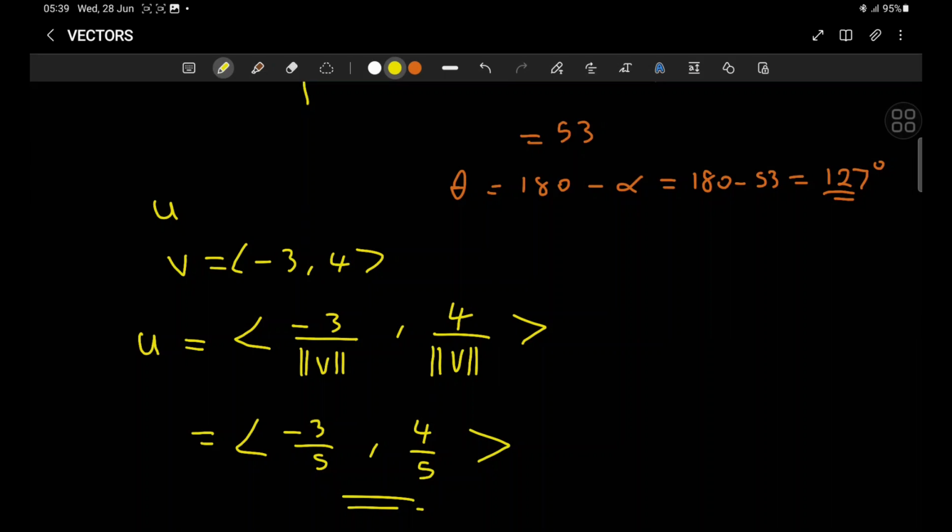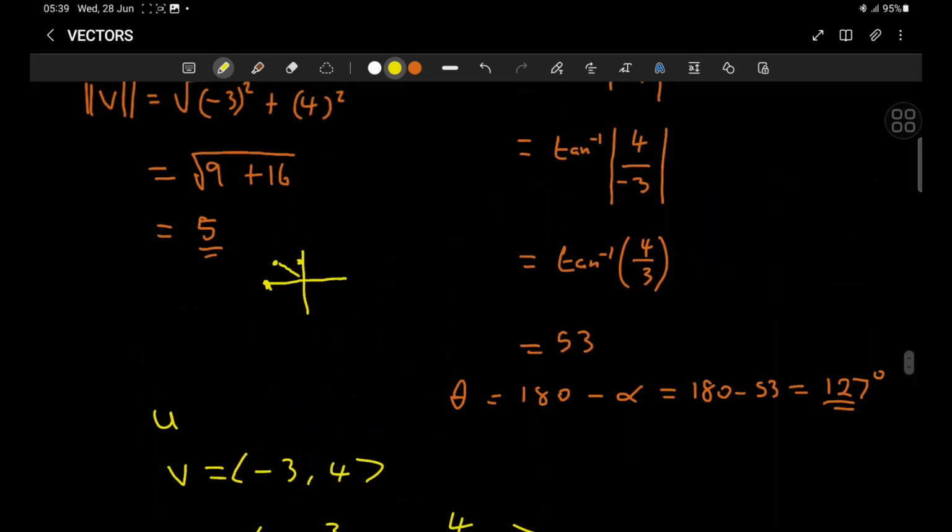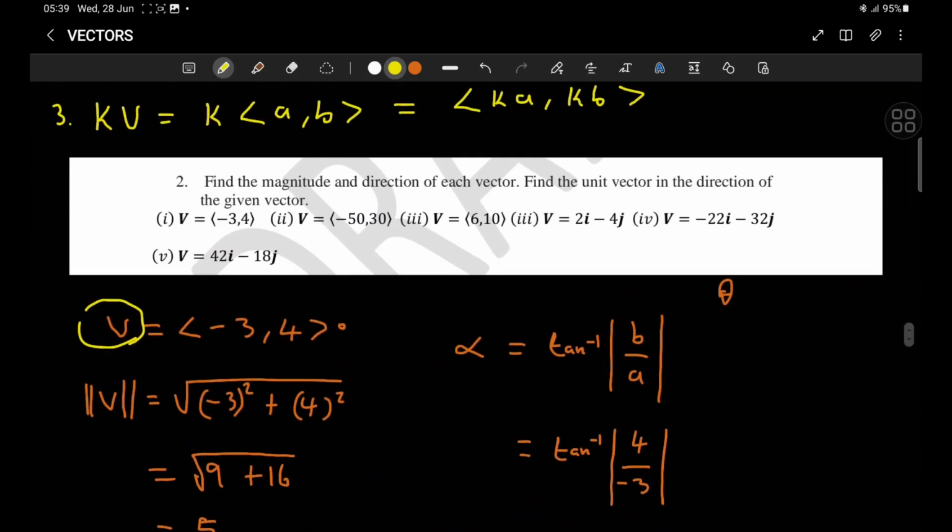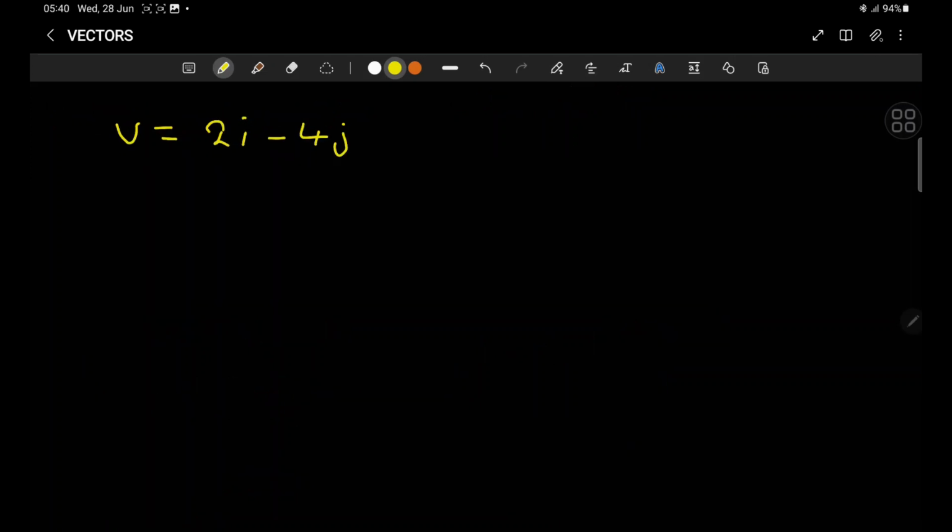Okay, let's do the other question. We can pick this one, 3. We're still doing the same question. We need to find the magnitude and direction of this vector, and we also find the unit vector.